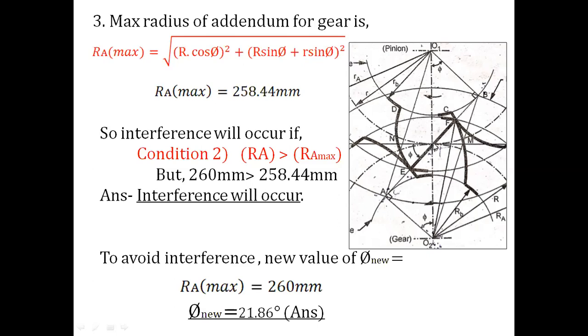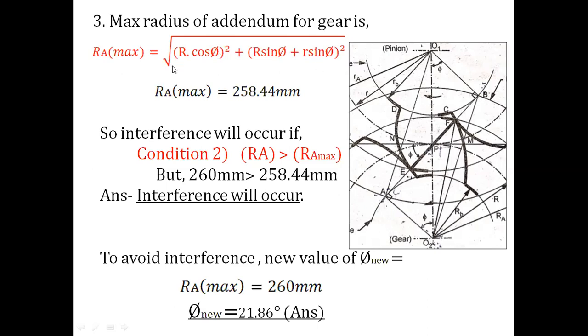So this total length I have found out. Applying Pythagoras theorem, O2B, RA max, is equal to under root of O2A square plus AB square.